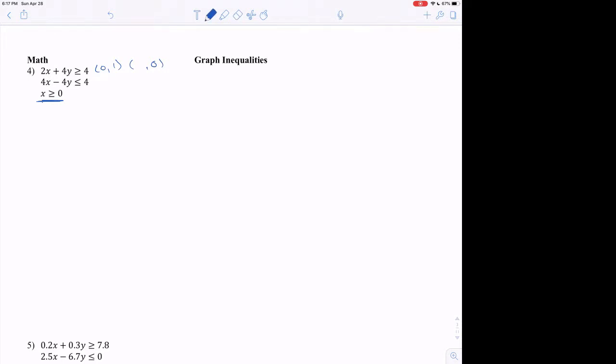If I have 0 for y, then I have x is 2. Then I can erase this one and go back to that one. So for the second one, if I have 0 for x, so that goes away, then I have negative 1. Erase. If I have 0 for y, then I have 1. Okay, so that gets me to graphing my lines, right?